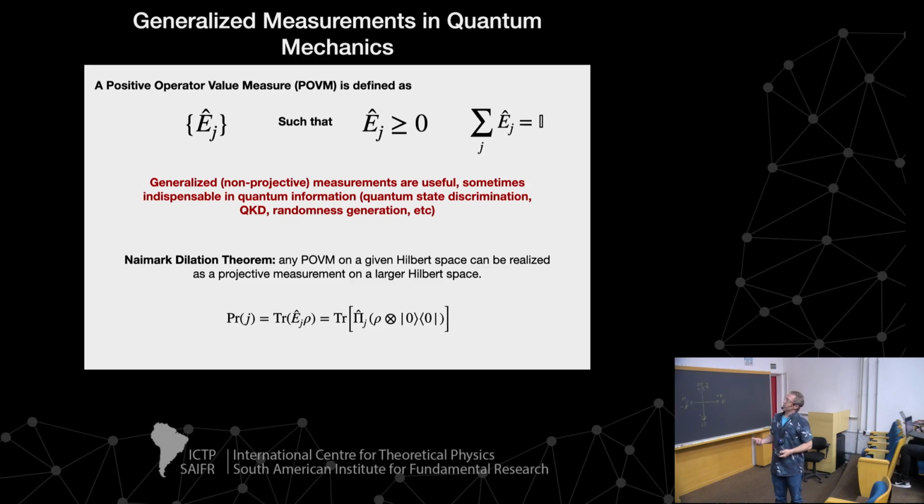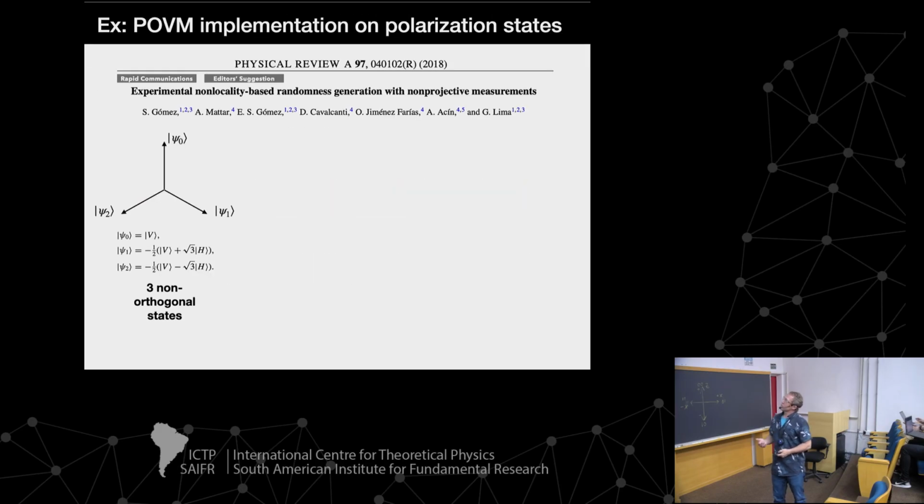In practice, how has this been done in the past? This is a paper done in Concepción before I was there, with some other collaborators. In this experiment, they had to project onto, this is a qubit, actually a polarization state of photons, and they define these three non-orthogonal states given here below. You can see they're non-orthogonal. How do you do this in practice?